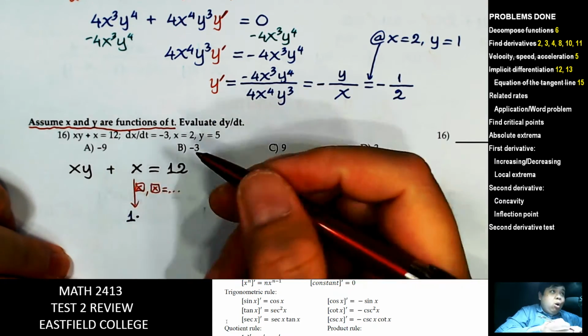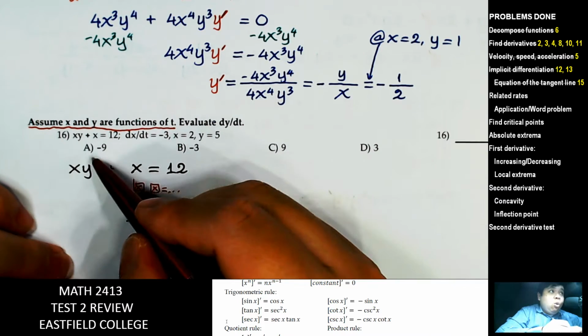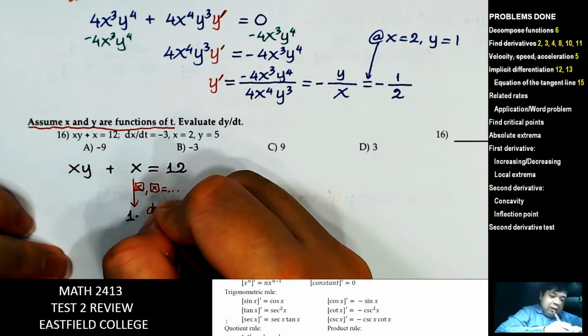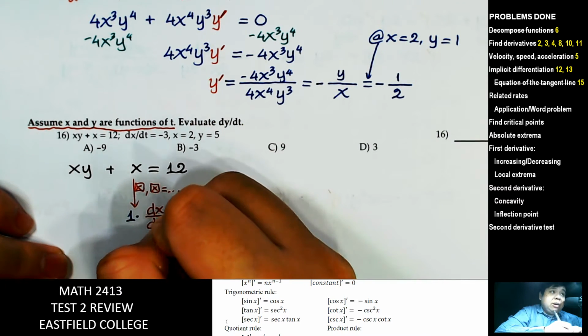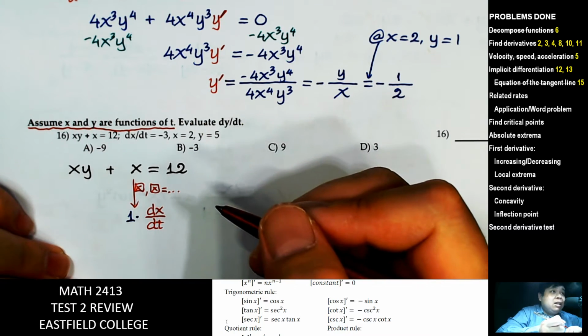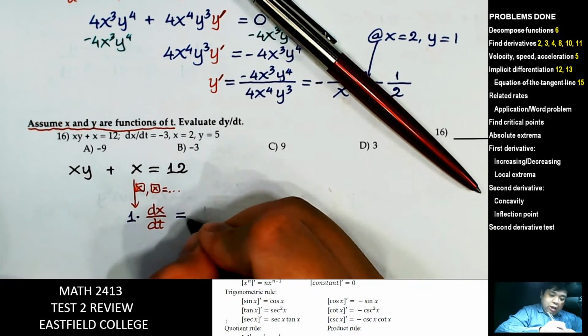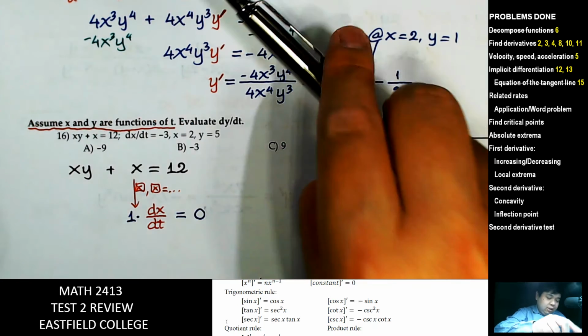I should write x prime, but because we have 3 variables here, x and y depend on t, so it's better to write dx over dt instead, so it's less confusing, right? And on the other side, the derivative of 12 is going to be equal to 0, a constant is still 0.